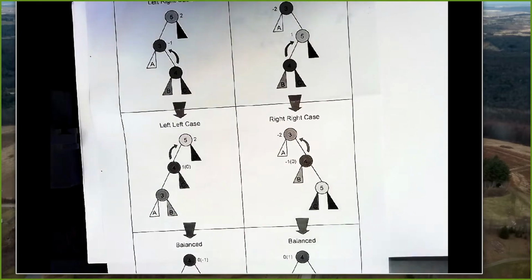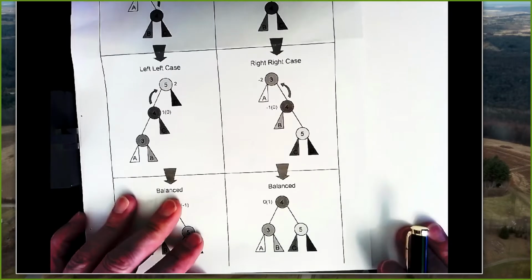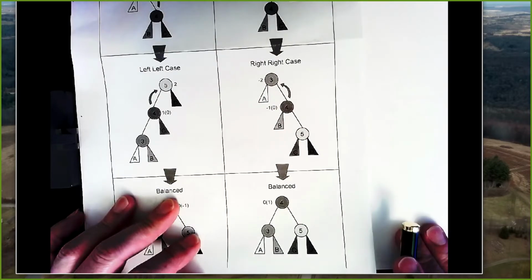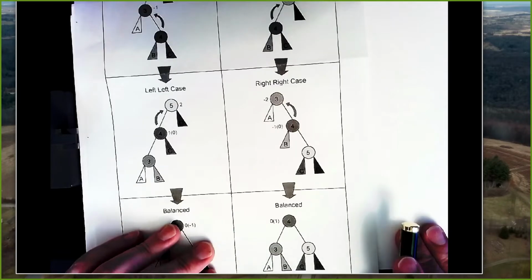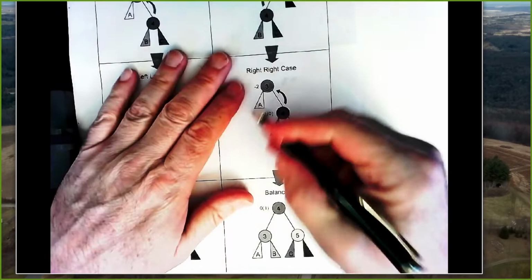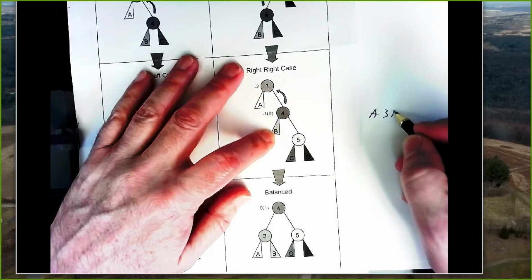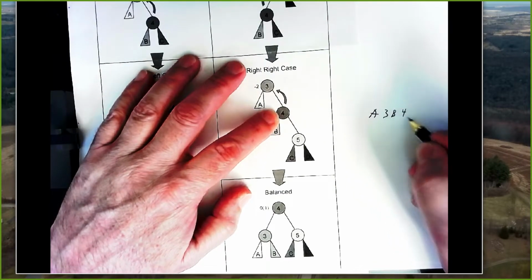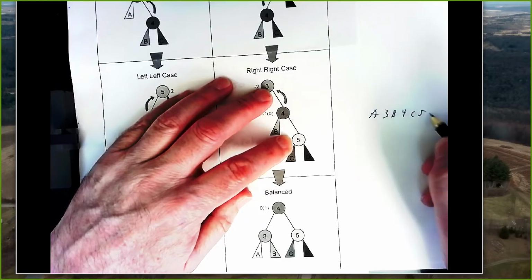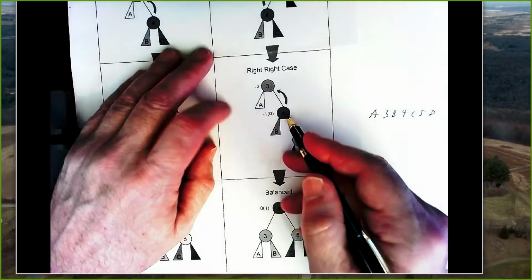All right, so we're going to go through some examples of this. But the important thing here is that this preserves the search order. If you look at the search order of, say, this right case, what's the order of the data? Well, it's everything in subtree A followed by 3, everything in B followed by 4, everything in C followed by 5, followed by D. That's an in-order traversal: left, node, right.